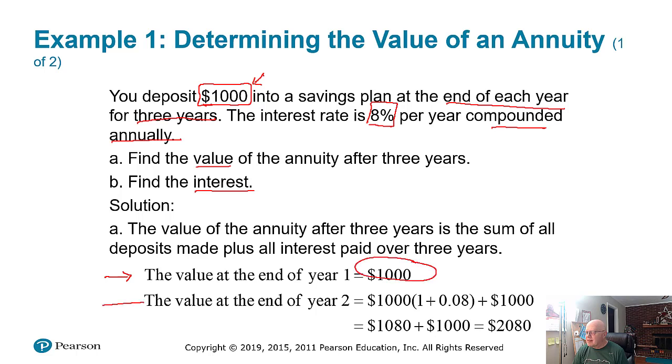At the end of the second year, you've had $1,000 in for that entire year, so it's gained some interest. And this is the formula for simple interest. And then you put another $1,000 in because it's the end of the year again. So at the end of the second year, you have $2,080 after putting $2,000 in.